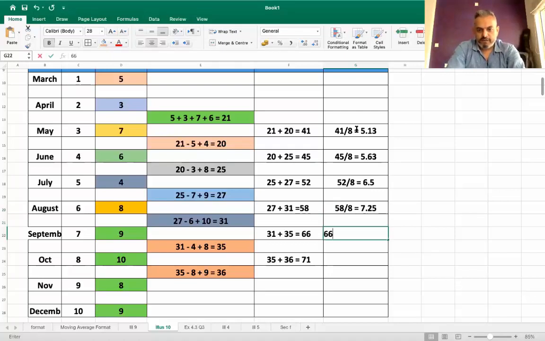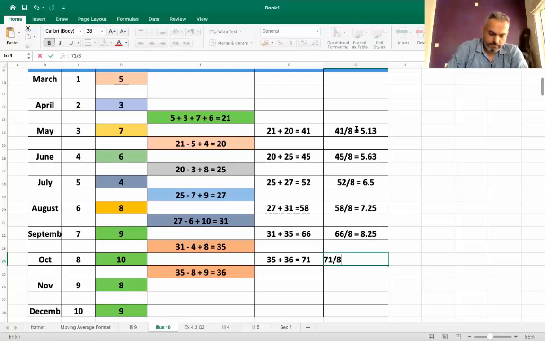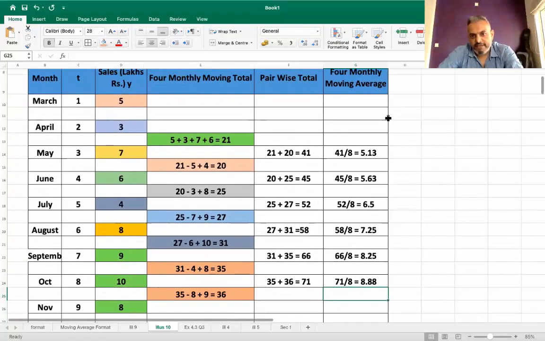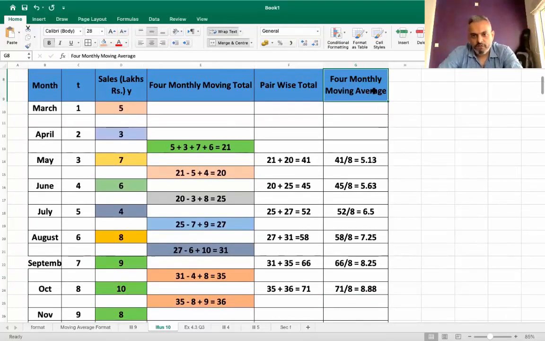Then 66 divided by 8, which is equal to 8.25. And 71 divided by 8, which is equal to 8.875, so 8.88. I can see over here the trend is rising. So these are our final answer for 4 monthly moving average.